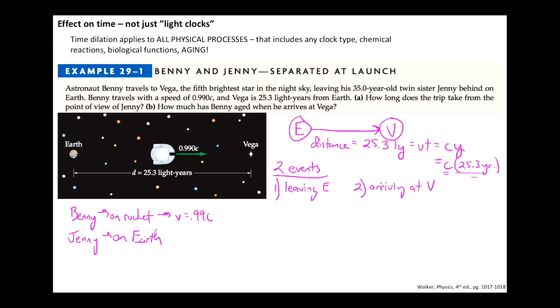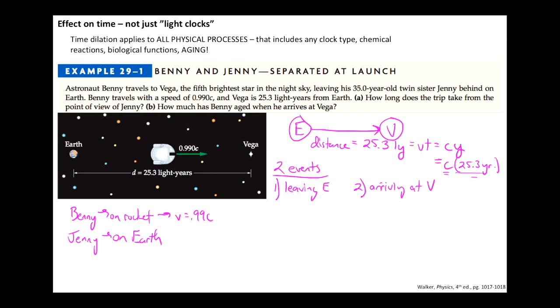So let's think about those two events with respect to Benny and Jenny. Remember, proper time is measured by the person where the two events happen at the exact same location. So if I'm thinking about Jenny, she's on Earth, Benny leaves, and then somewhere way out there, the second event happens. From Jenny's perspective, those happened at two different points.